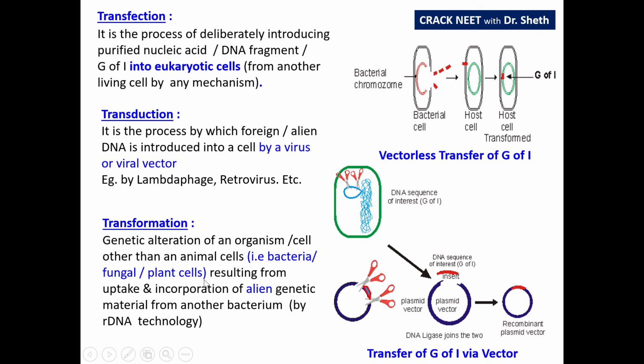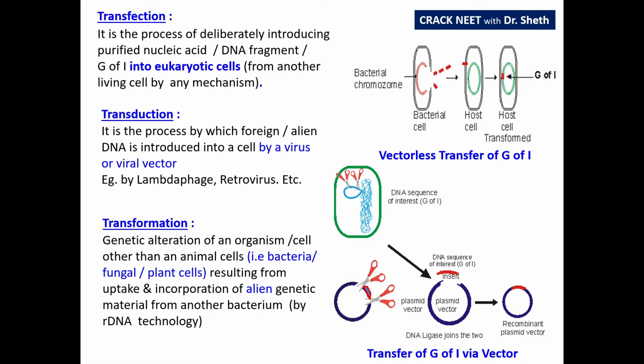Here, when we are using cells other than animal cells, that is bacteria, fungal or plant cells, these are the host cells, and genetic alteration of these cells resulting from uptake or incorporation of alien or genetic material from another bacterium by rDNA technology. This process is called transformation. So what is the result? That the host cell gets transformed. How it gets transformed? By incorporating a foreign gene into its DNA.